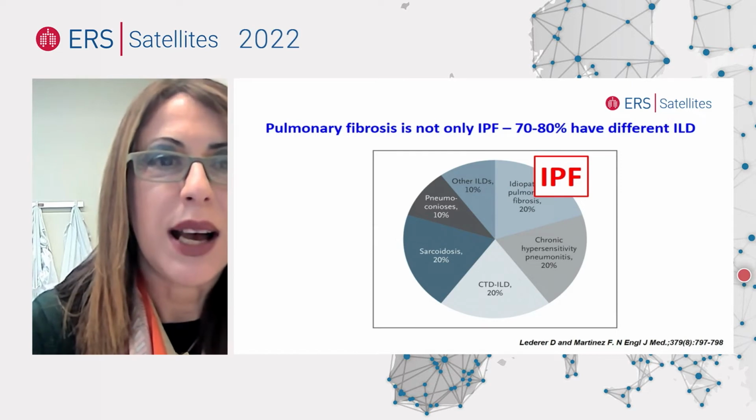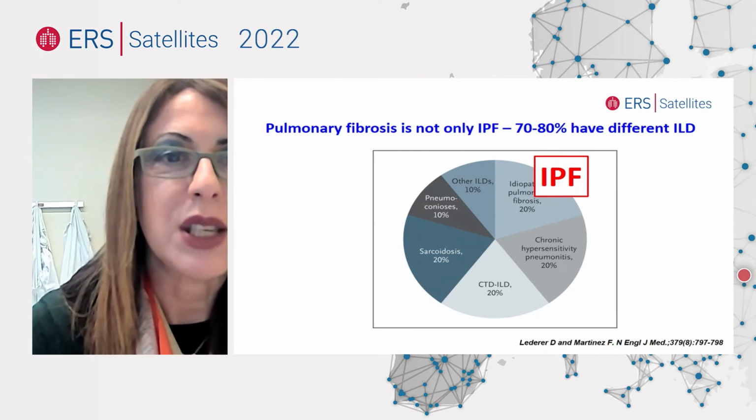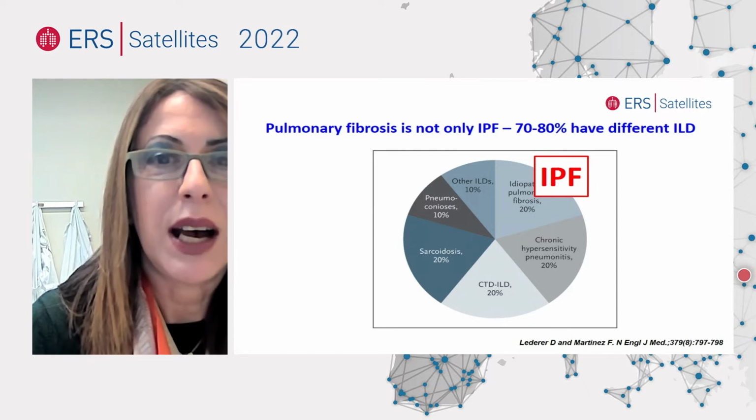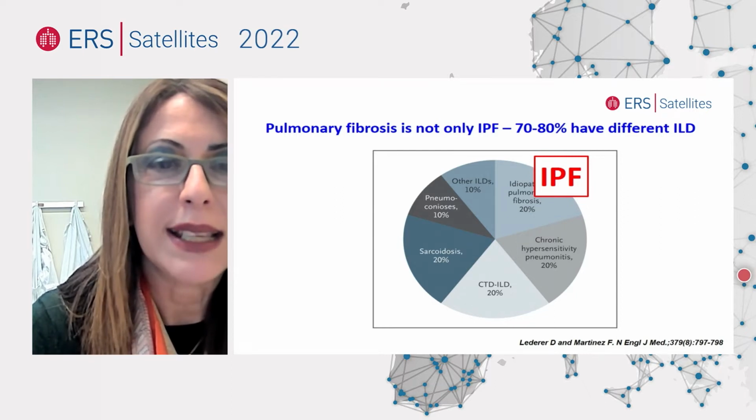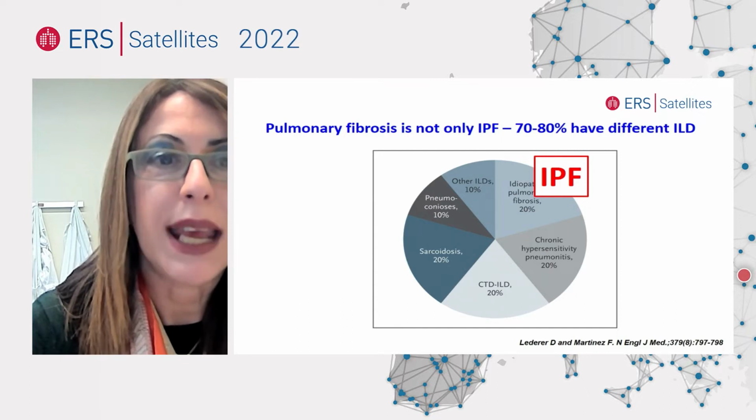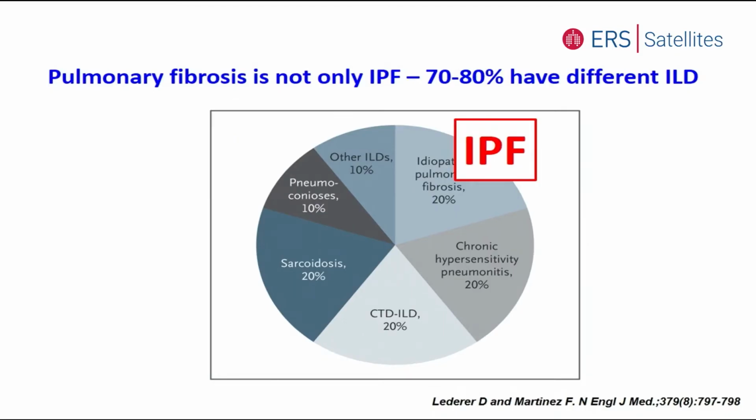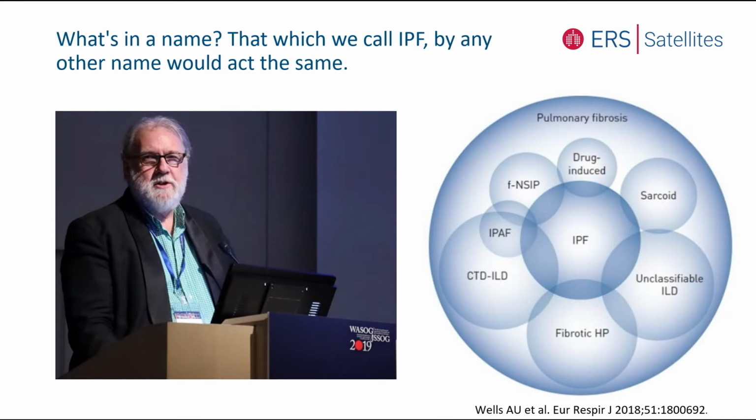So, as you know, pulmonary fibrosis is not only IPF, but we have a lot of other entities and diseases that could progress to pulmonary fibrosis, like connective tissue disorders and sarcoidosis and chronic HP. It was Professor Wells and European colleagues who some years ago, with a Shakespearean title from Romeo and Juliet, "What's in a Name", introduced the concept of progressive fibrotic phenotype.